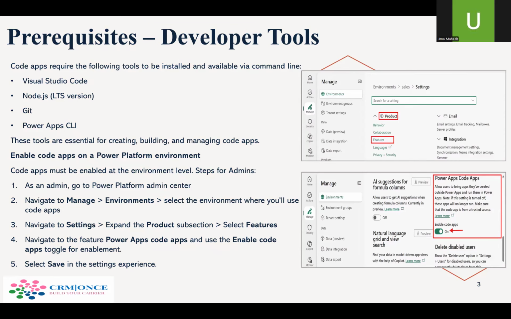When you click on settings, you can select features, and then navigate to the Power Apps code apps feature. There is an option there to enable code apps, a toggle button. When you click on save, this feature will be enabled in our Power Platform environment. You can see this in the screenshot, and in my next videos, I can show how it is enabled.